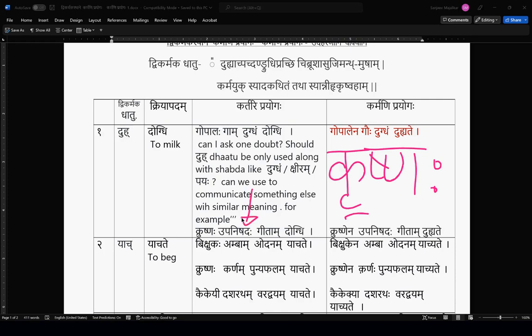Upanishadaha, which vibhakti is this? Prathama.